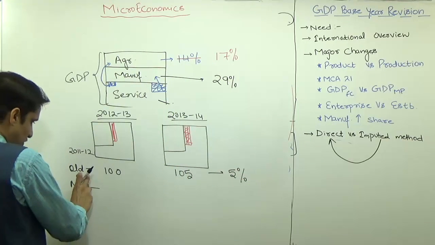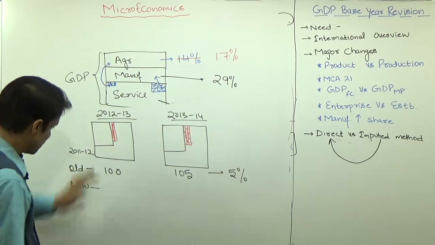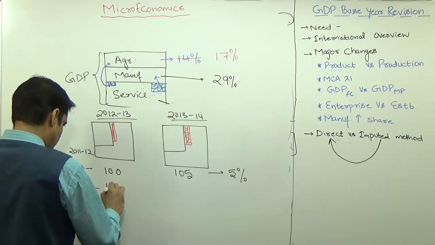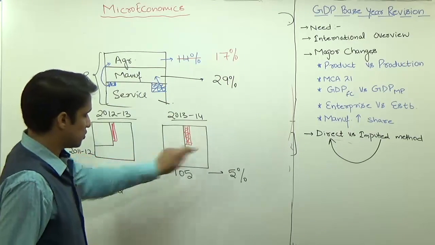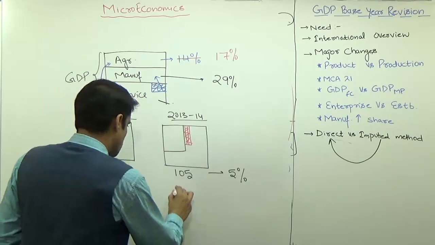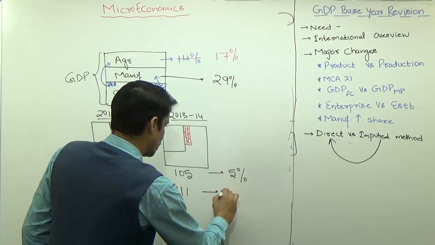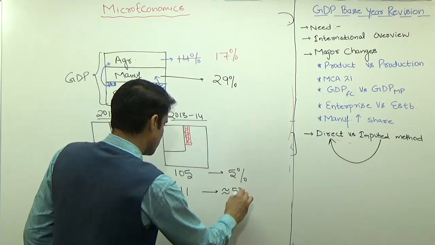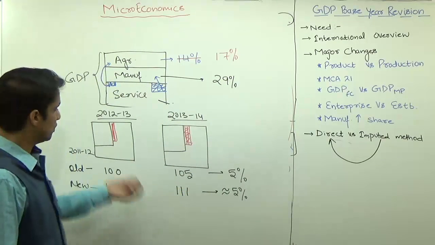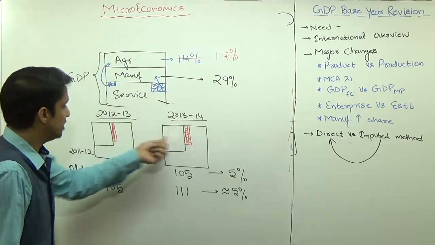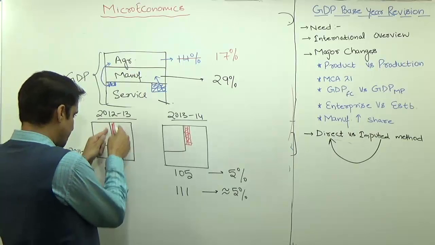And as per the new methodology, as per the new GDP base year revision, you have added these items. So suppose your GDP becomes 105, rupee 5 you extra added, and the same set of items you have added here, so maybe it becomes 1 rupee extra for this, so it should almost be 5%. The GDP growth should be the same even though you have changed the GDP base year, because the new set of items will be counted here also.